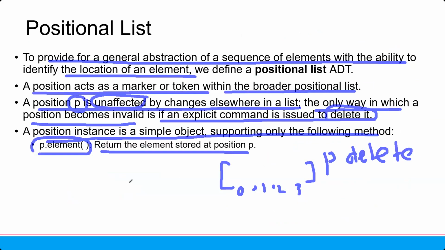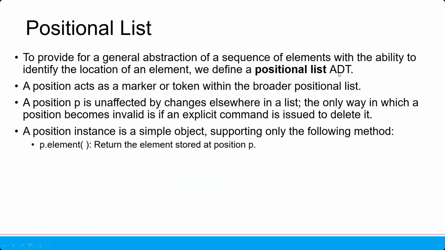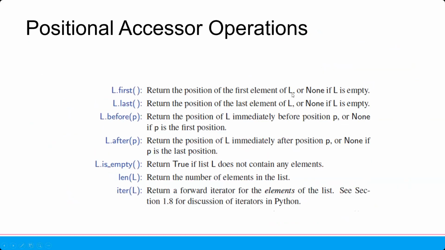Then usually we just say A at index 1, something like this one. Now we are going to make that ADT. So in this positional list, we can define what is the first. It means the first element of the positional list. What is the last? We can look at what is the last element of the positional list.